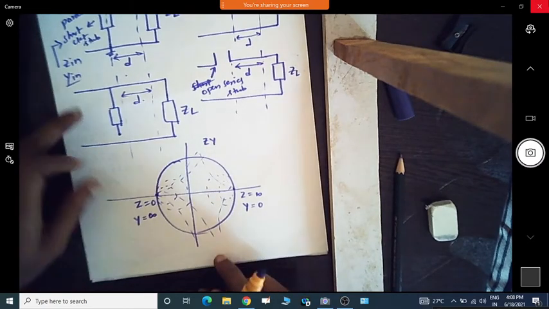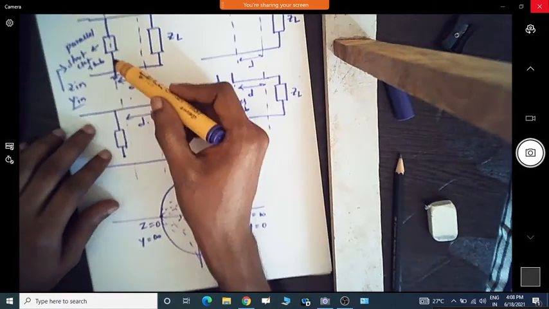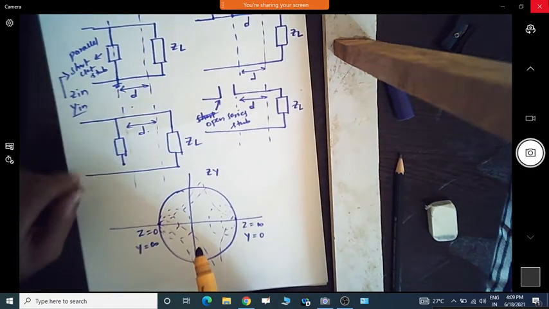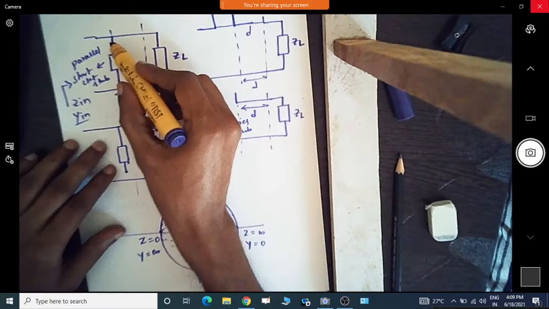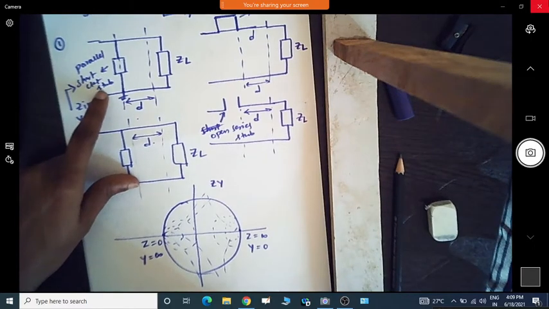So now before finding the input impedance or admittance, first we need to know the susceptance or the reactance which is offered by whether series stub or parallel stub. So now let us take the first case, where it is a parallel short circuited stub. Okay.